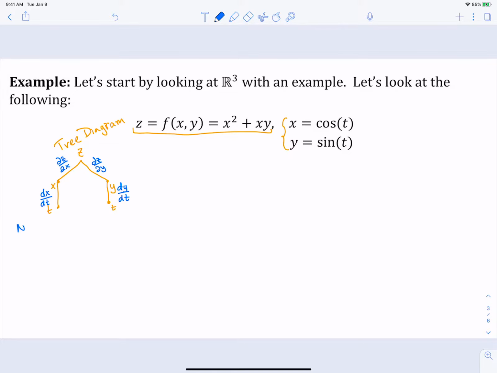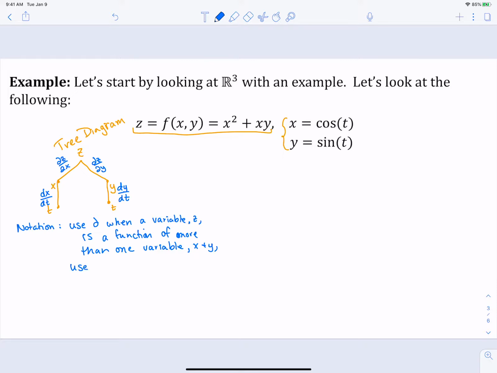Now, a little bit of a notation thing here. We use that scripty d when a variable is a function of more than one variable. So like in this case, our variable z is a function of more than one variable, x and y.